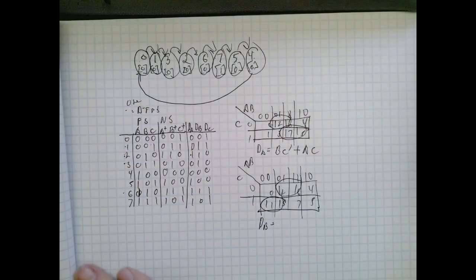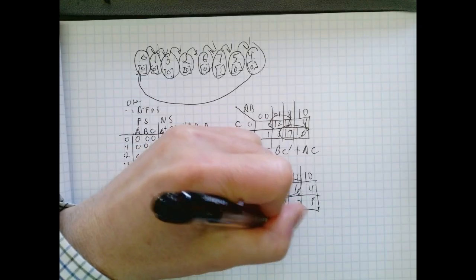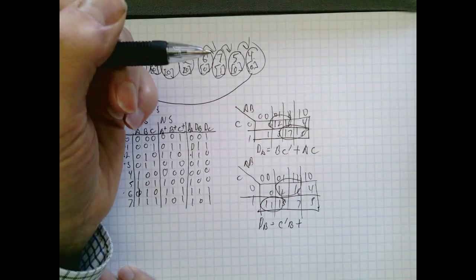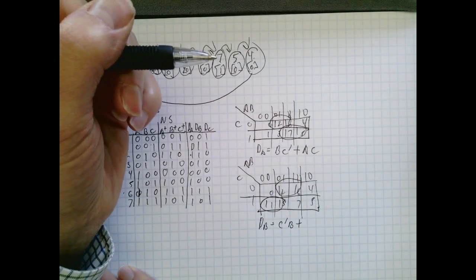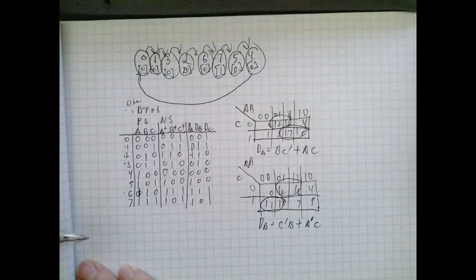And D sub B must be equal to C prime B, or C A prime C. And now I can do it again.